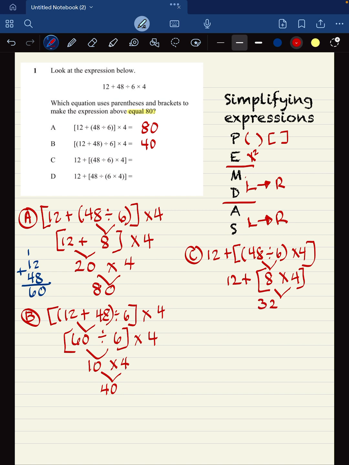Almost made another mistake. 12 plus 32. Again, I didn't write the brackets anymore because I'm done with that operation. I'm going to do the addition on the side. 2 plus 2 is 4. 3 plus 1 is 4. Make sure you check my work. So 12 plus 32 is 44.